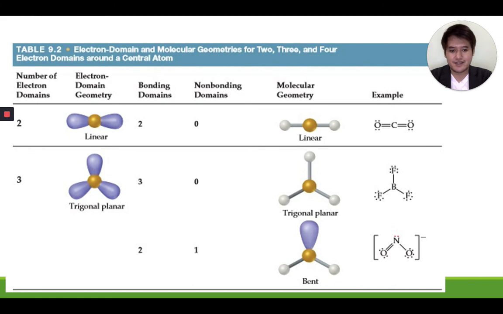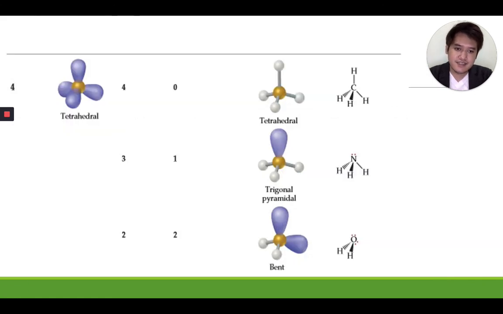All right. So you notice that the molecular geometry will depend not only on the electron domains, but also on the number of non-bonding domains. Another example is NH3. This is ammonia.